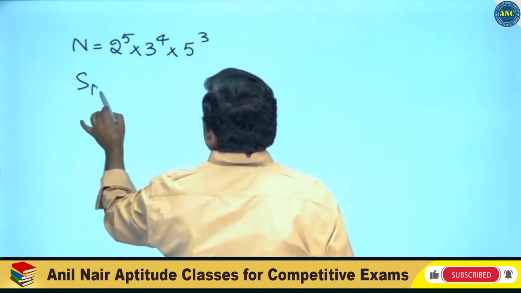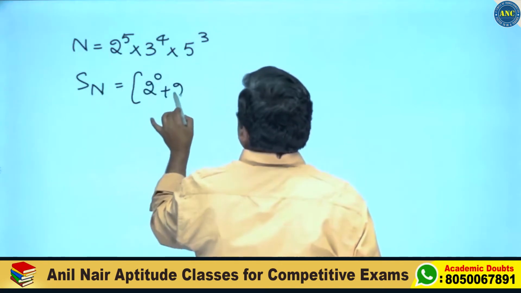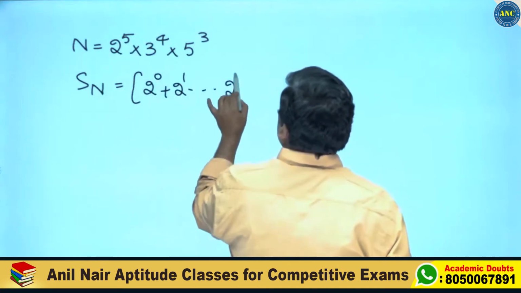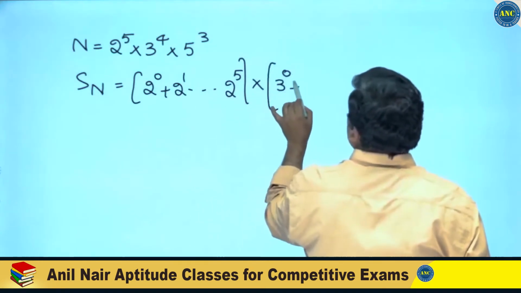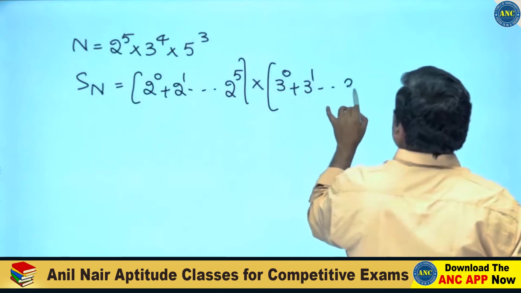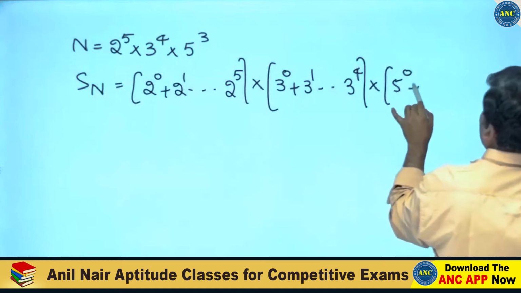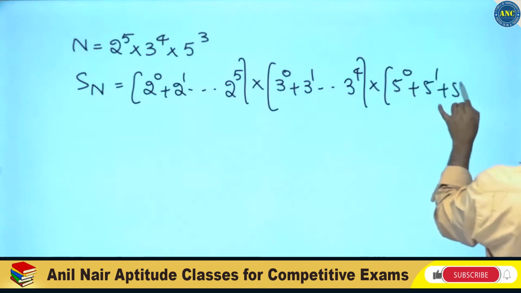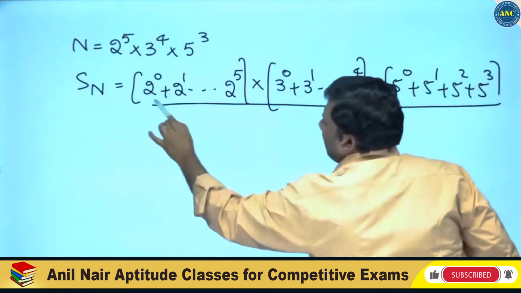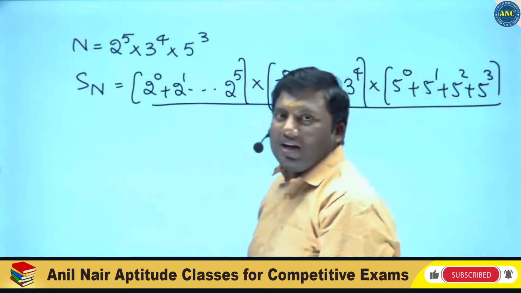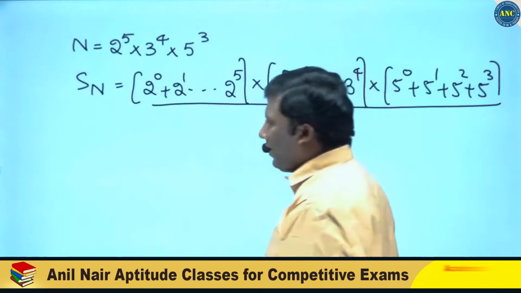Sum of the factors: start from 2 power 0, 2 power 1 till 2 power 5. For 3 power 4, it is 3 power 0, 3 power 1 till 3 power 4. For 5 power 3, it is 5 power 0, 5 power 1, 5 power 2 plus 5 power 3. For the calculation you can use the sum to n terms in geometric progression. This is the sum of the factors.